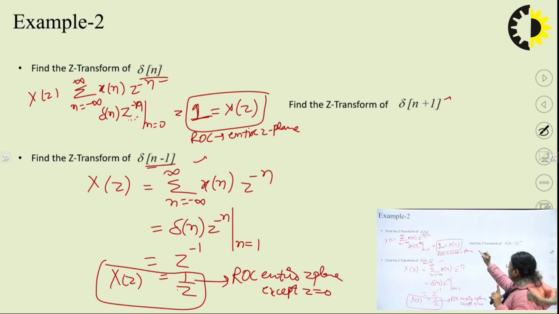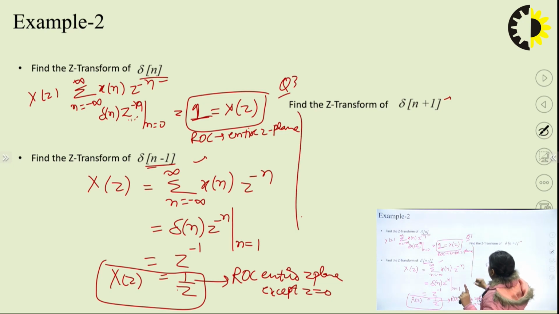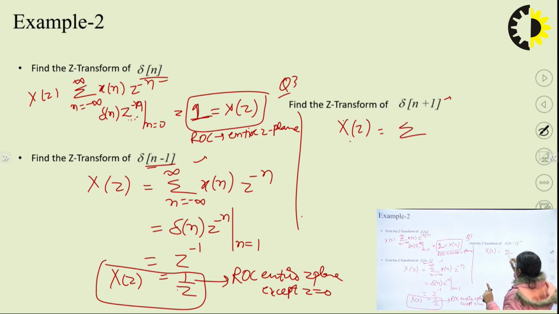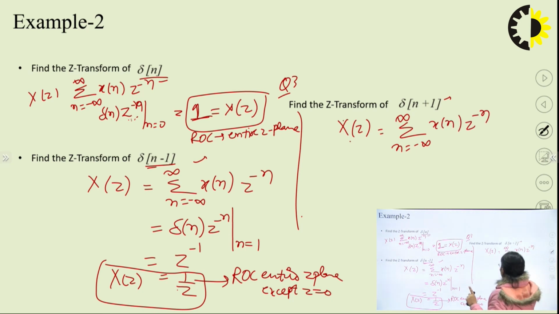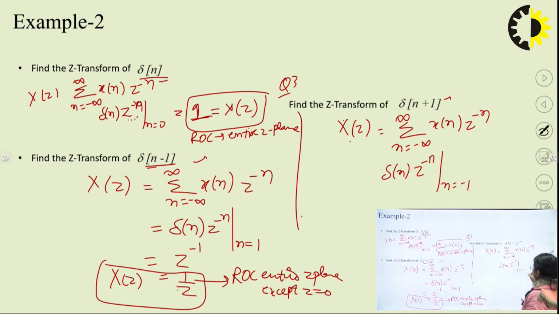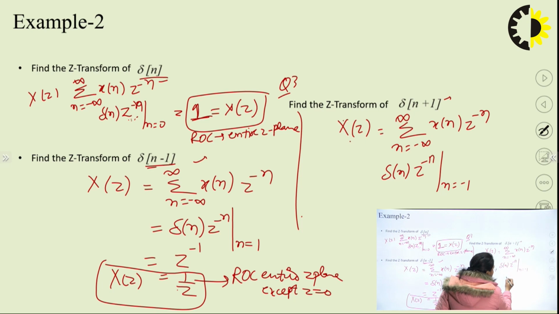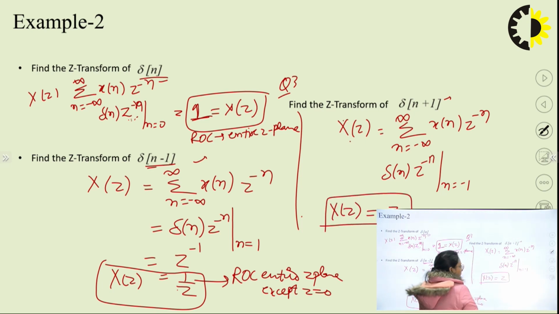So here in question number 3, I can directly write that the delta is defined only at n equals minus 1. So the value of X(z) here is z, right?